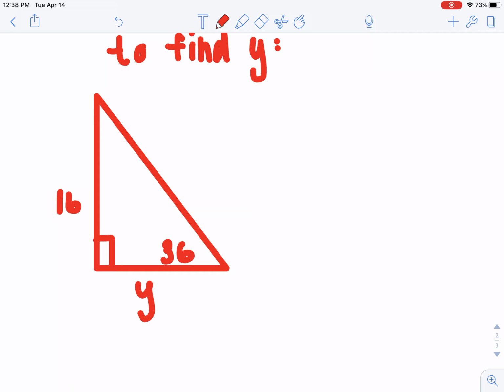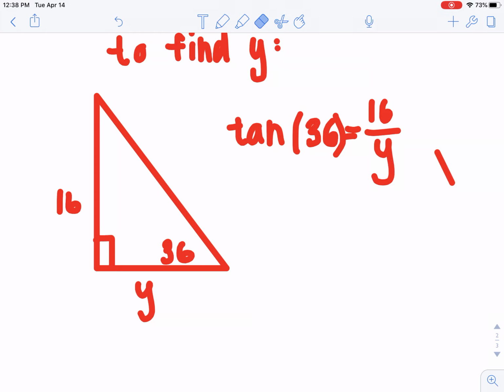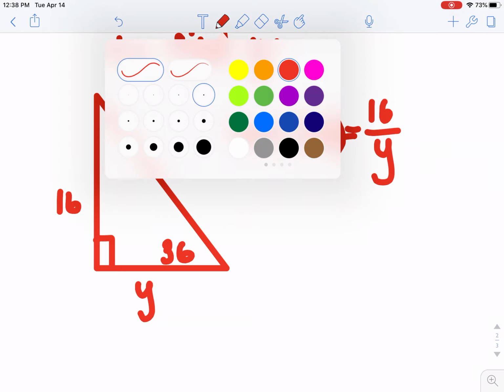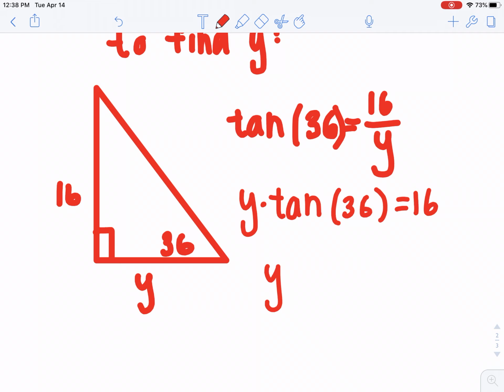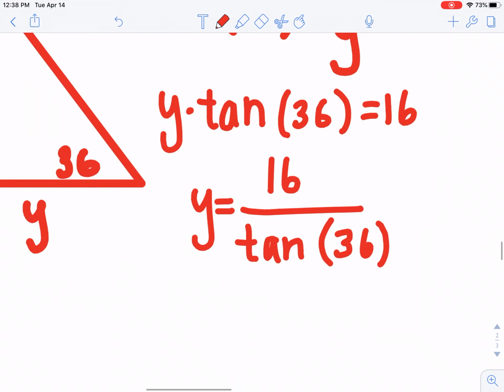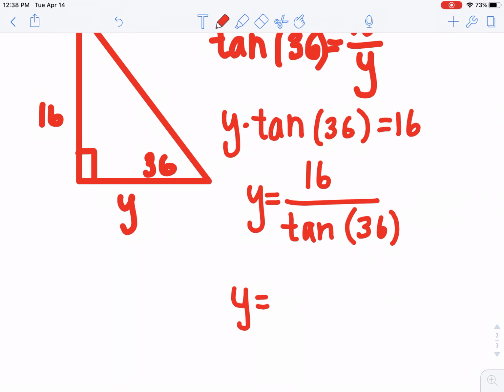Well, again, we can use tangent here, so we can say tangent of 36 is equal to 16 over y. We multiply both sides by y, and we get y times tangent of 36 is equal to 16, and then we divide both sides by our tangent of 36. And when we type that in our calculator, we get that y equals approximately.